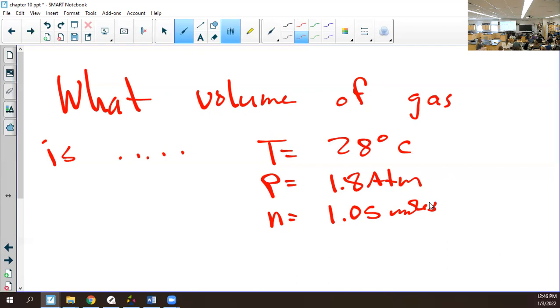Okay, when you have an answer, check with your partner, see if you have the same number on your calculators. The volume?